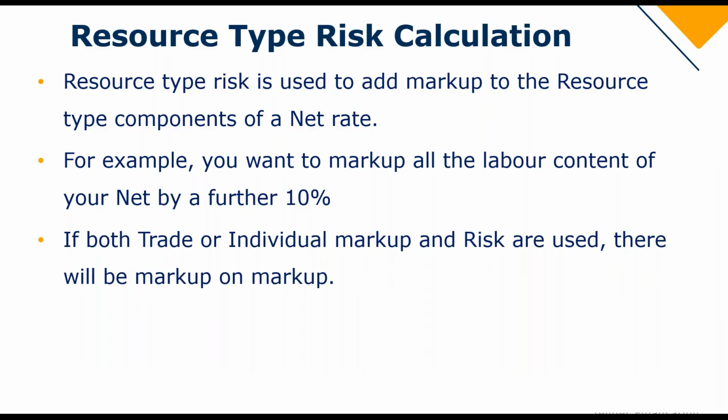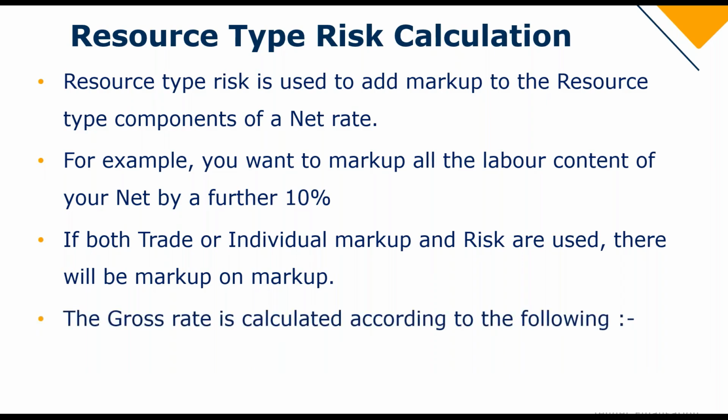If both trade or individual markup and risk are used, there will be markup on markup. The gross rate is calculated according to the following. So your gross rate equals your net multiplied by 1 plus your risk percent in brackets, plus 1 plus your markup percent in brackets.